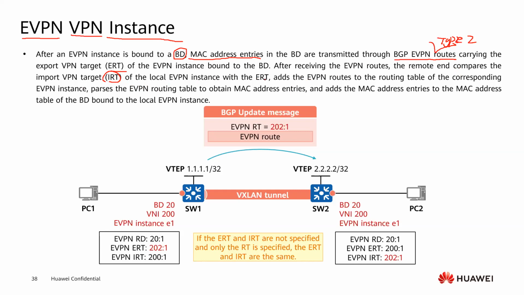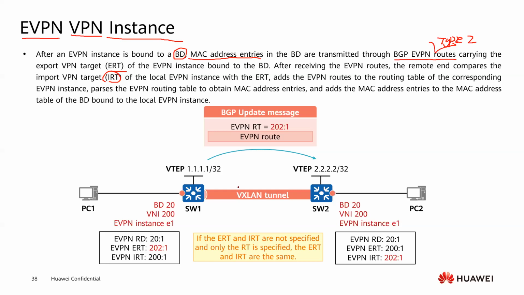If the RT values are the same, it will add the EVPN route to the routing table of the corresponding EVPN instance, and since this route carries host information, it will install the MAC address carried by the route into its local MAC address table.